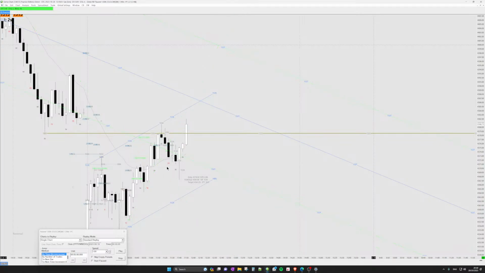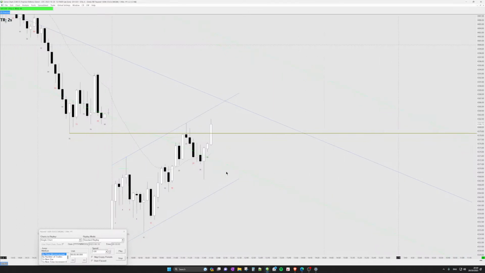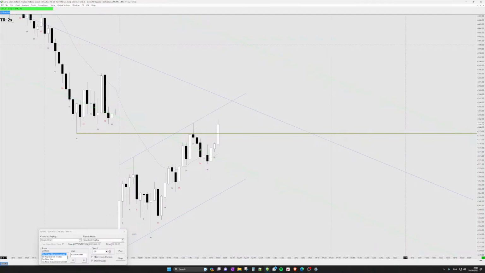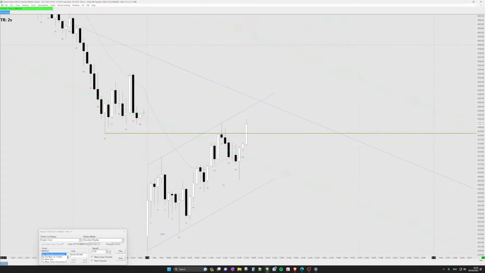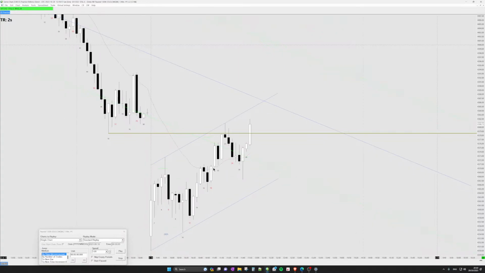Irrelevant. And look, we have 1, 2, and maybe we have some new candles to make the 1, 2, 3, doing a wedge from the uptrend. 1, 2, 3.